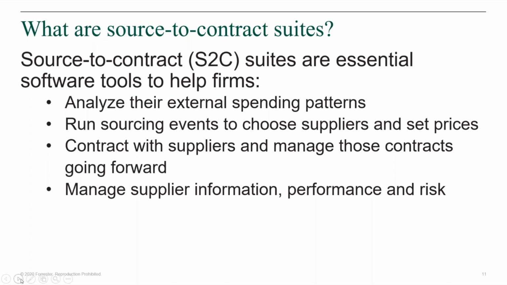of those relationships. They include contract lifecycle management for creating contracts with the suppliers and then managing those contracts on an ongoing basis as you get value from supplier relationships. And they manage supplier information, supplier performance, and supplier risk.